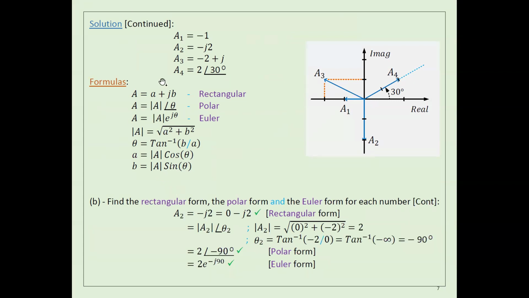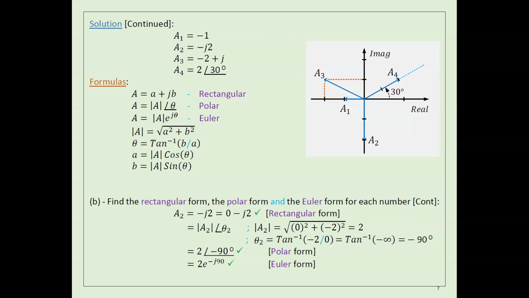Let's see another example here: negative j2. The real part is 0, the imaginary part is negative 2, as you see here. Number one, how can you get the magnitude? The square root of the real part squared plus the imaginary part squared equals 2. Same thing here, how can you get the angle?